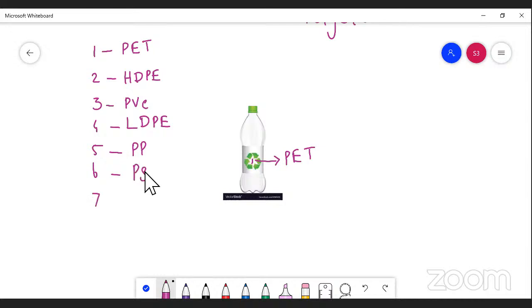And if it is 7, then it is multi-layer plastic. So any plastic bottle which contains the symbol, listen, there is a symbol that is 1, 2, 3.